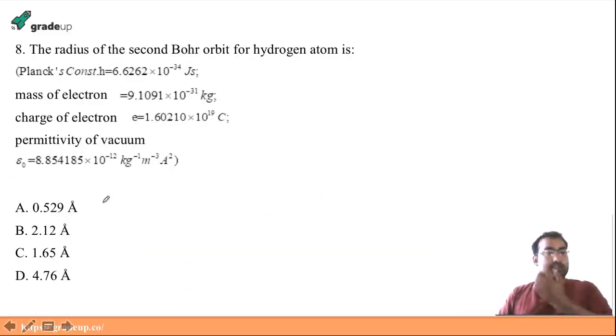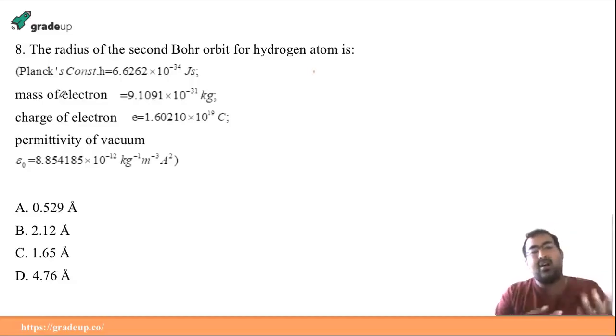Now the eighth question: the radius of the second Bohr orbit of the hydrogen atom is. There are a lot of constants which are unnecessarily given to you, because you are supposed to remember the first Bohr orbit radius.